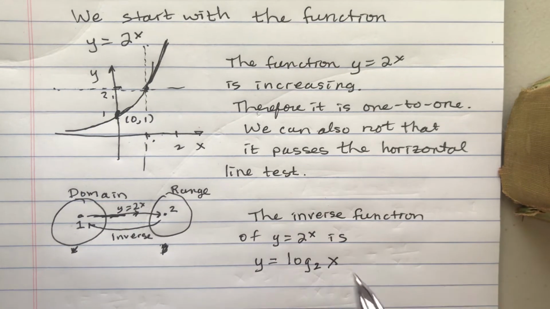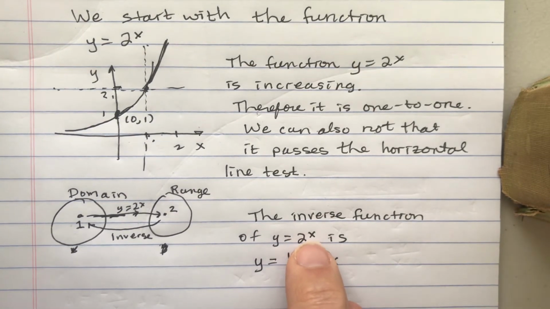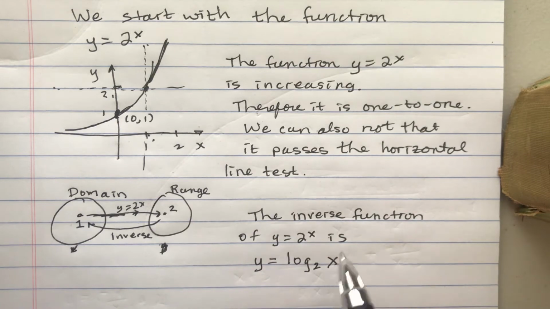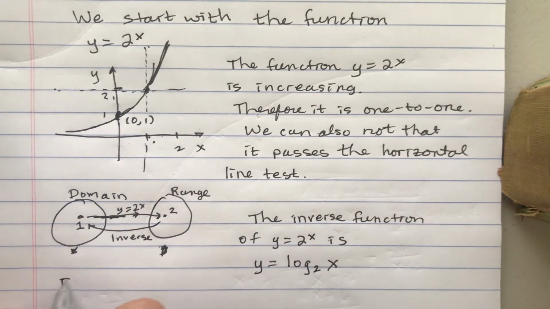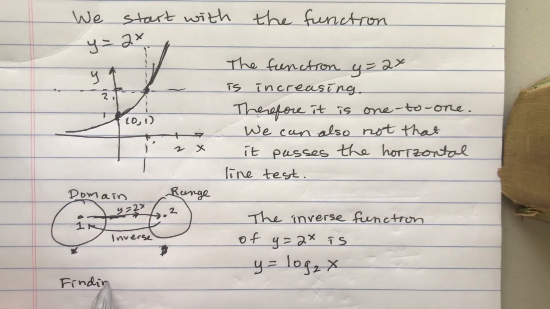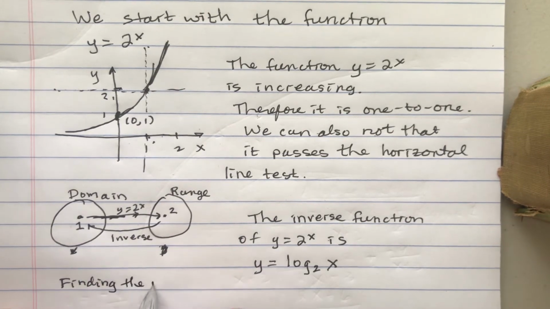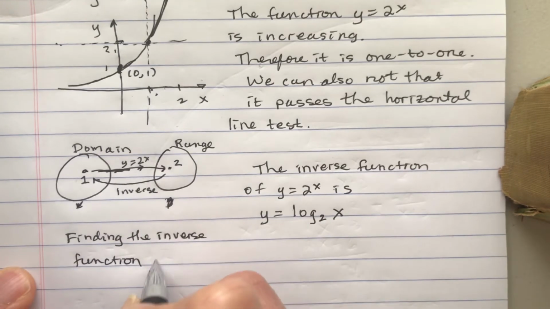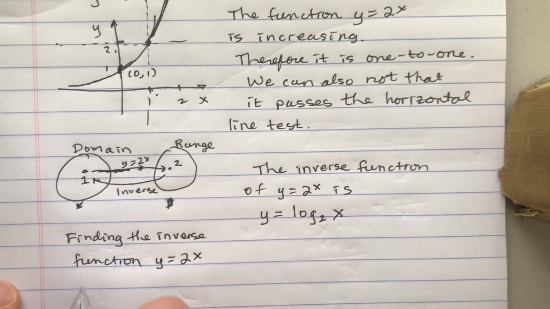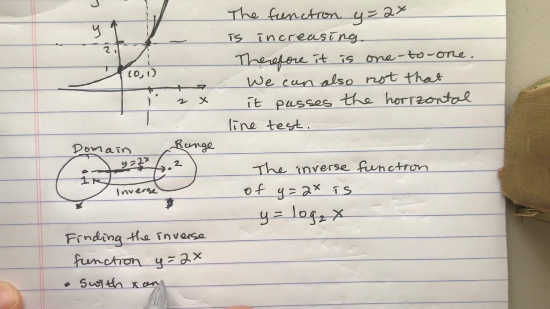Now, the way we find the inverse in general, if we have a function, is we solve for x. Let's just go over here and say, find the inverse function. So if I have y equals 2 to the x, I first switch x and y.